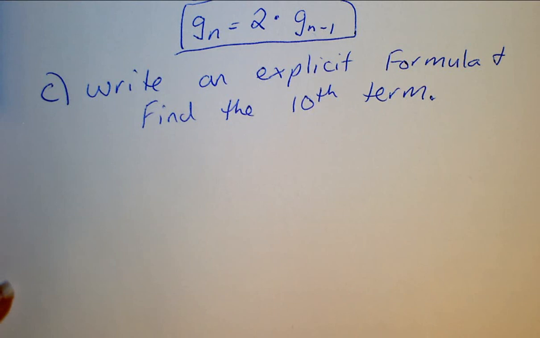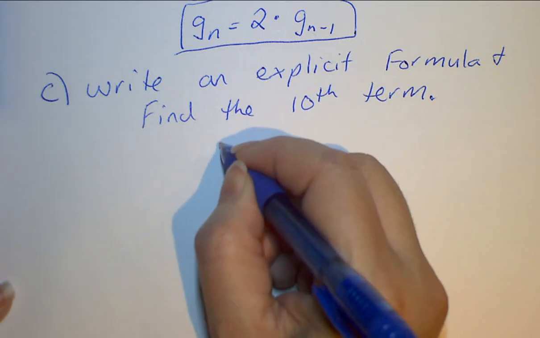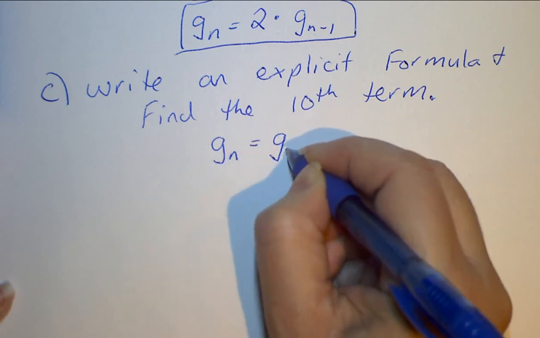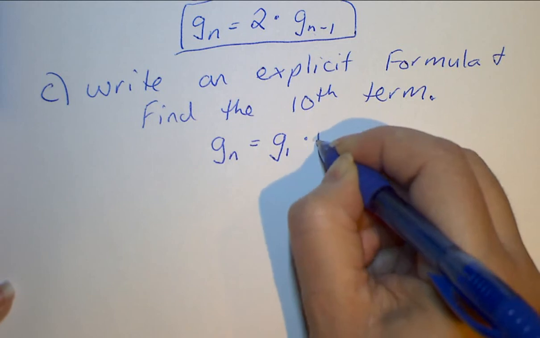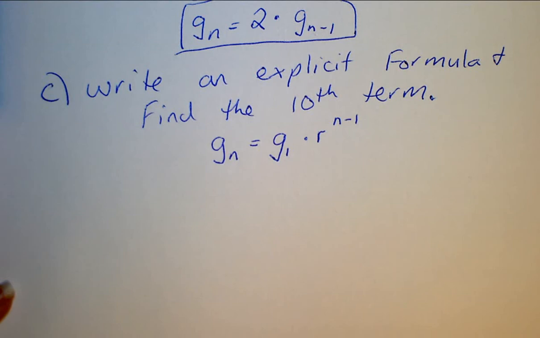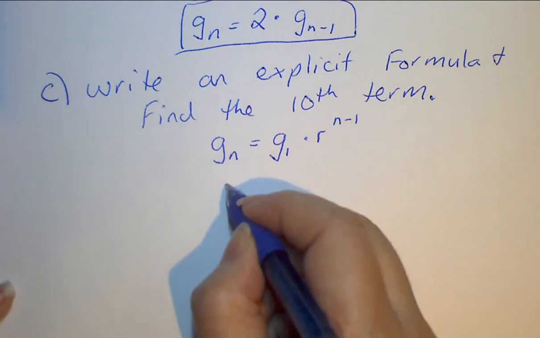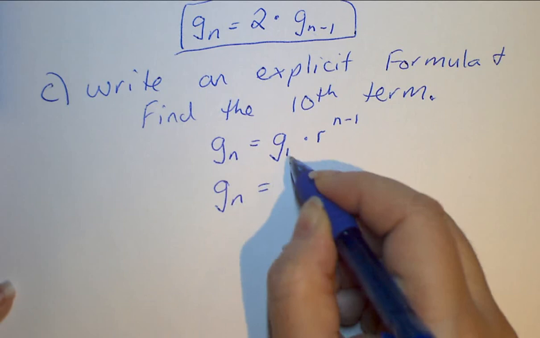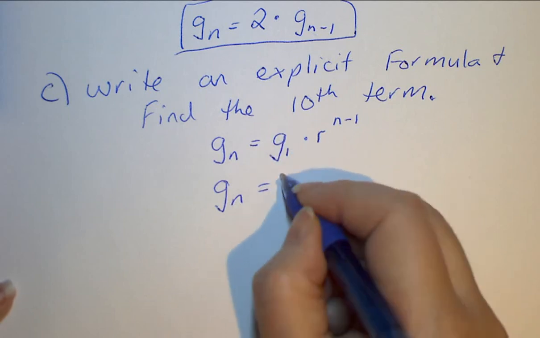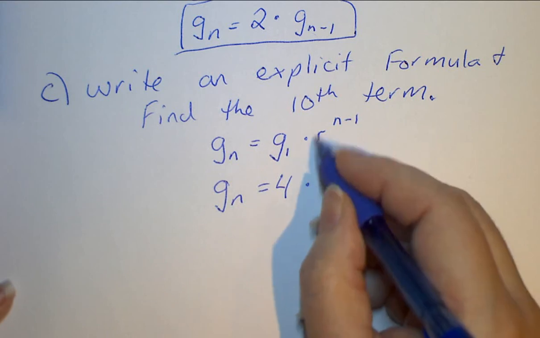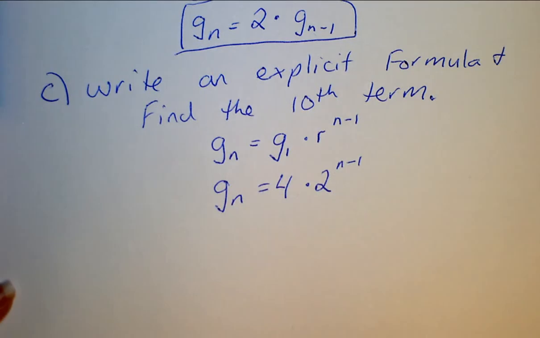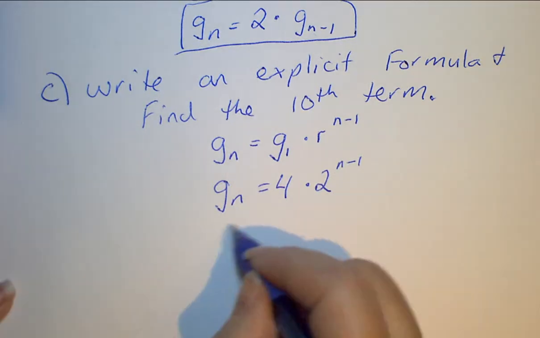So remember your explicit formula is g sub n is equal to g1 times r raised to the n minus 1. So we have g sub n is equal to, what was my first term, class? 4 times r, what was my r? 2 to the n minus 1. So that is my explicit formula.